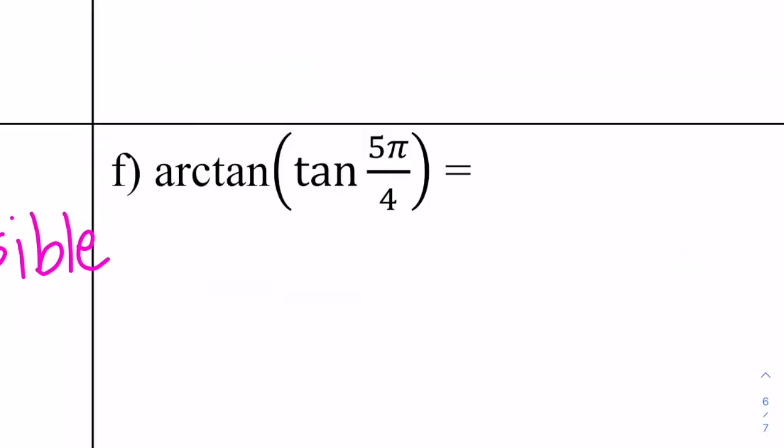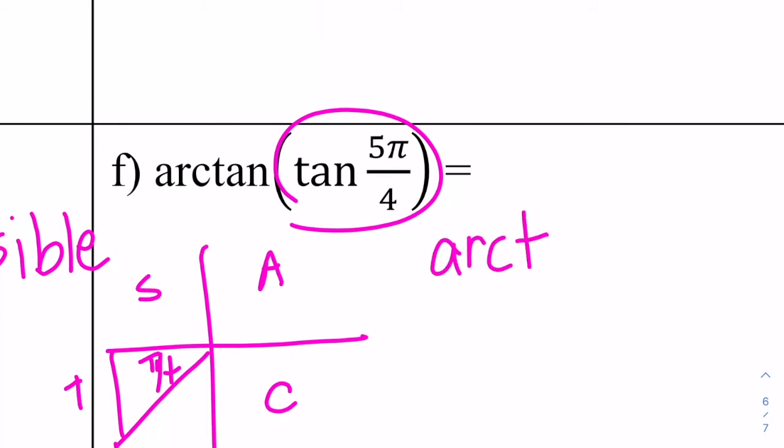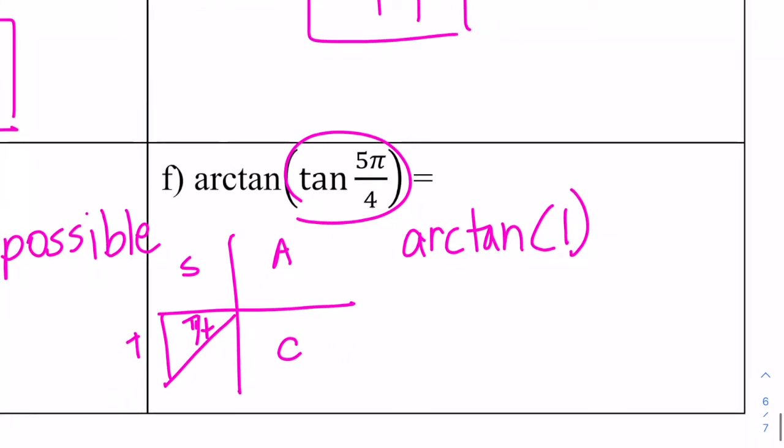With this next one, let's just be careful because tangent of 5 pi over 4 takes us into the third quadrant. So we know that with all students take calculus that this will be a positive value. So we know that this is pi over 4 reference angle, and this will equal 1. So the arctangent of 1 needs to actually be in the first quadrant.